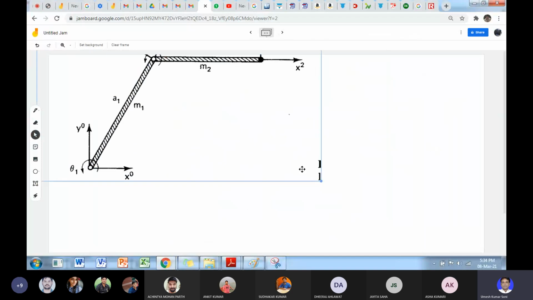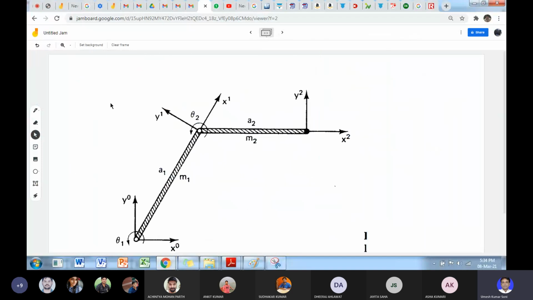You see here, you have this coordinate, okay, and the center of mass of the link, first this is Lk, and this is the center of mass of the link.